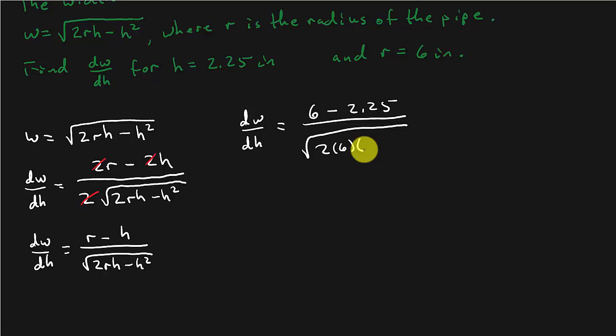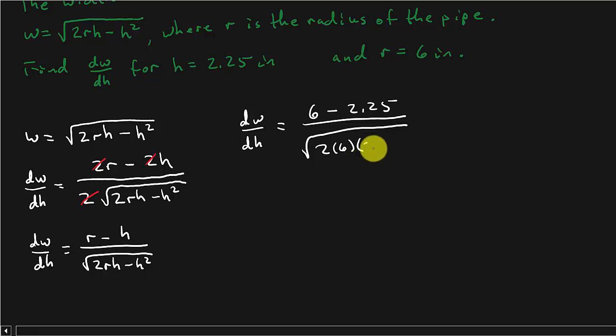Yeah, that's right. I thought I wrote something down wrong, but I didn't. Minus 2.25 squared. Okay.